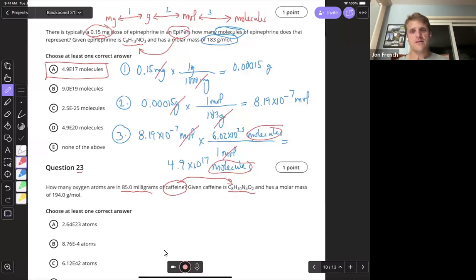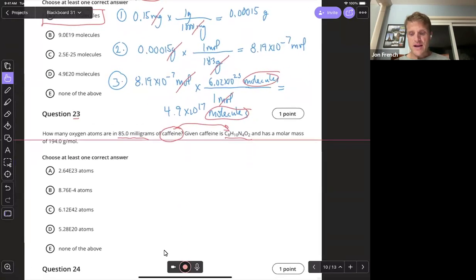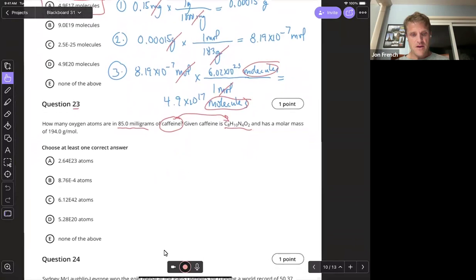Correct, Paris. And I think that is the next problem. Question 23 is the only difference: there's one additional step. The last step would be to multiply, because we know for every molecule how many of those specific atoms you have. So that sets us up nicely for question 23. How many oxygen atoms are in 85 milligrams of caffeine?